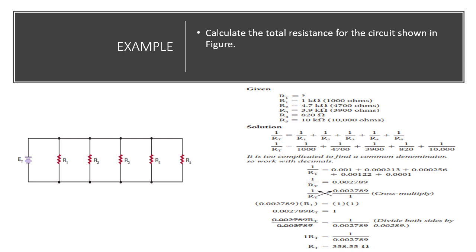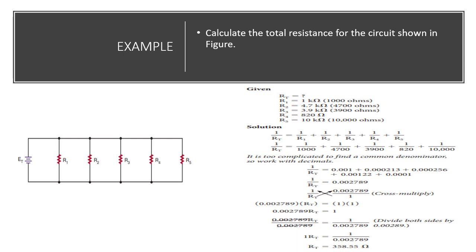By substituting all the given values in the formula we get 1 over RT equals 1 over R1, 1 kilo ohms, plus 1 over R2, 4.7 kilo ohms, plus 1 over R3, 3.9 kilo ohms, plus 1 over R4, 820 ohms, plus 1 over R5, 10 kilo ohms. In this example, it is difficult for us to find a common denominator.